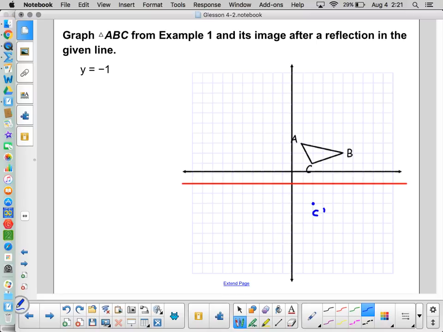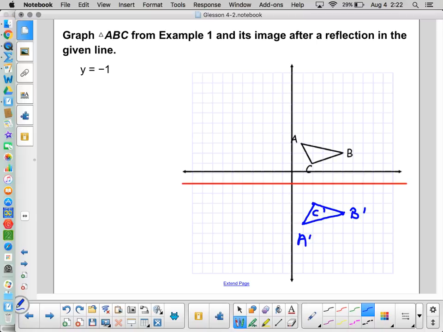A is 1, 2, 3, 4 units above, so 1, 2, 3, 4 units below for A primed. And B is 3 units above, so 3 units below the mirror, B primed. Again, we're getting an exact duplicate of my original triangle, just flipped over that particular mirror at y equals -1.